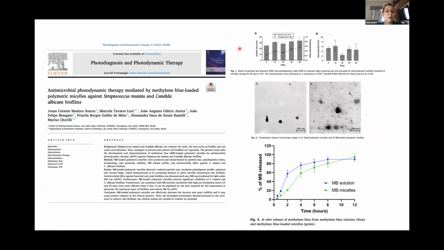This is another study that we published, where we used the methylene blue in polymeric micelles against Streptococcus mutans and Candida albicans biofilms.